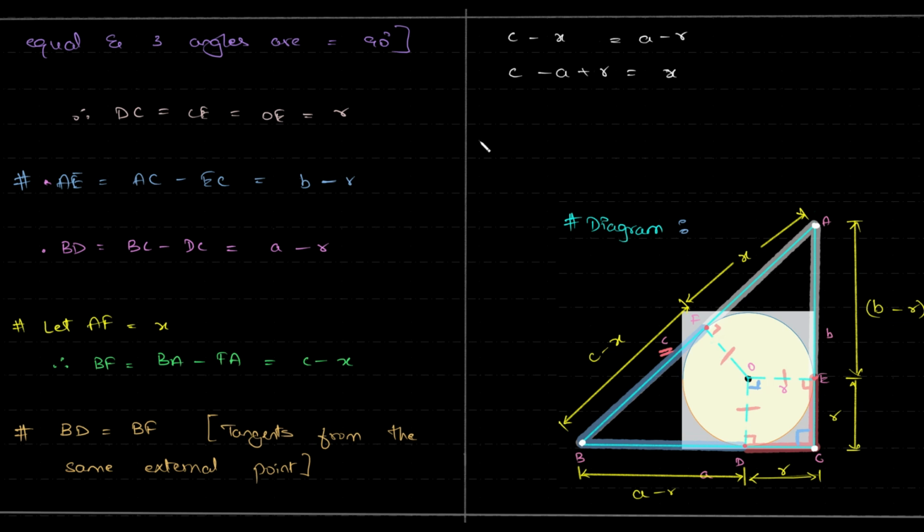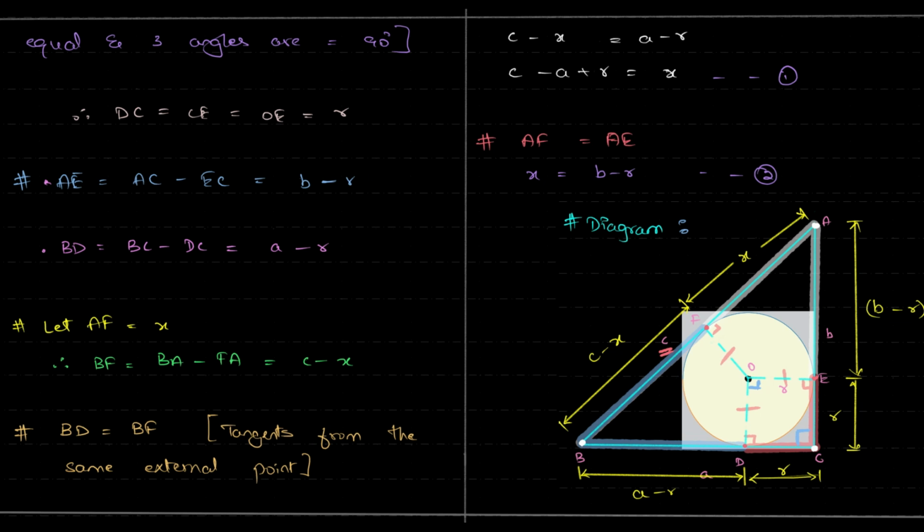And then we have, what else? Oh yeah, AF is equal to AE, the same reasoning, you don't have to explain yourself. So we have X being equal to B minus R. So from equation 1 and 2, what can we tell?